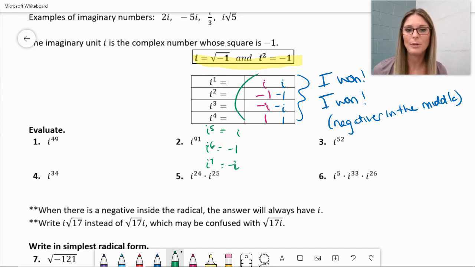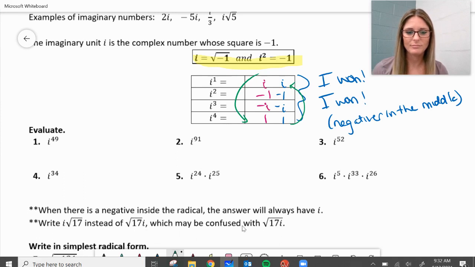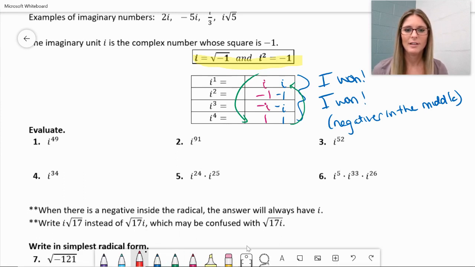It's just going to keep looping around this pattern. Those are the only 4 you need to memorize. Notice our favorite here is going to be i to the 4th is equal to 1. We love 1 in math class.